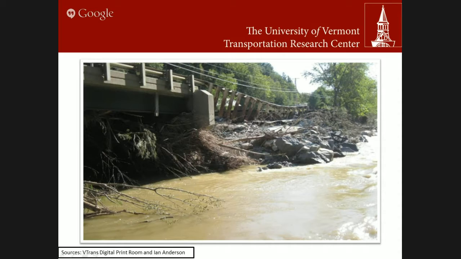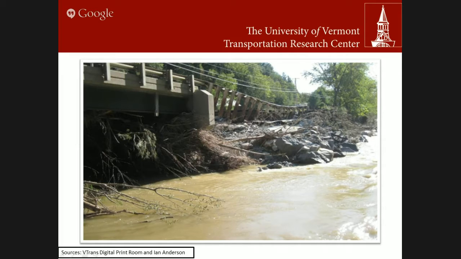And he noticed that bridges that had experienced channel flanking damage were often repaired much quicker and cost much less to repair as compared to bridges that had experienced bridge scour. So while this is an image of channel flanking, and while this image looks bad, in reality, repairing this is much, much easier than either replacing an entire bridge because it collapsed due to scour, or getting into the stream bed itself and trying to repair the scour and refill areas that have eroded away due to scour itself.